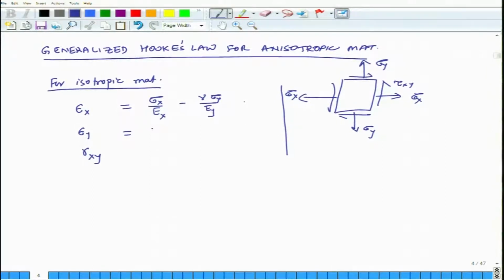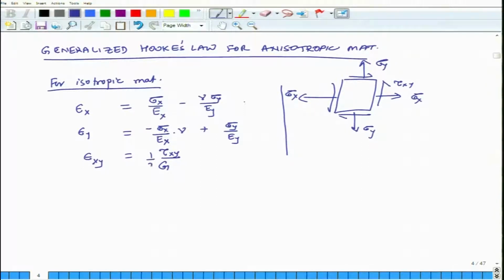For strain in the y direction, it is minus sigma x by E x times Poisson's ratio plus sigma y by E y, and the shear strain is tau x y by G. And I know I can also, if I want to use engineering strain, then it is gamma x y, but if I want to use tensor strain, then I have to use the symbol epsilon x y, and the tensor strain is half of the shear strain.